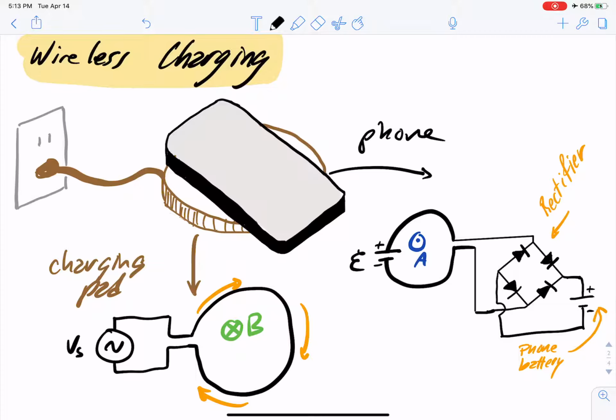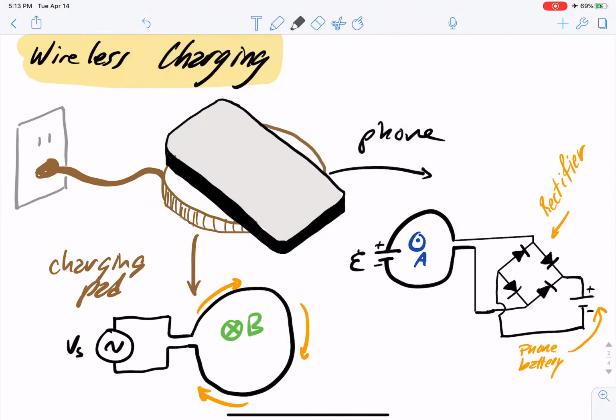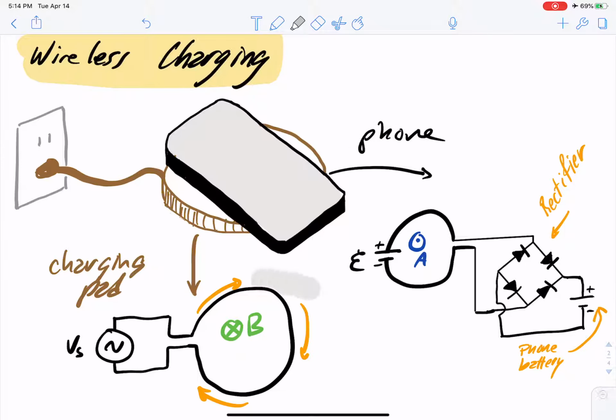So in this case, what we have is exactly the same thing. The charging plate is really just another loop connected to some oscillating voltage supply.